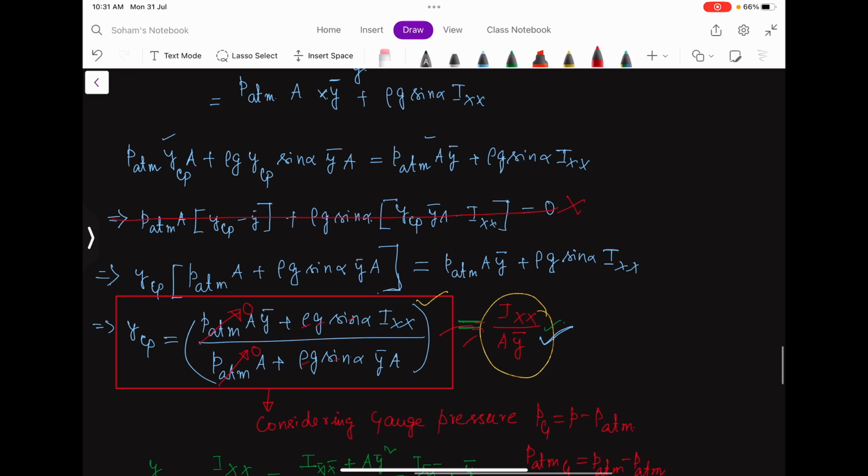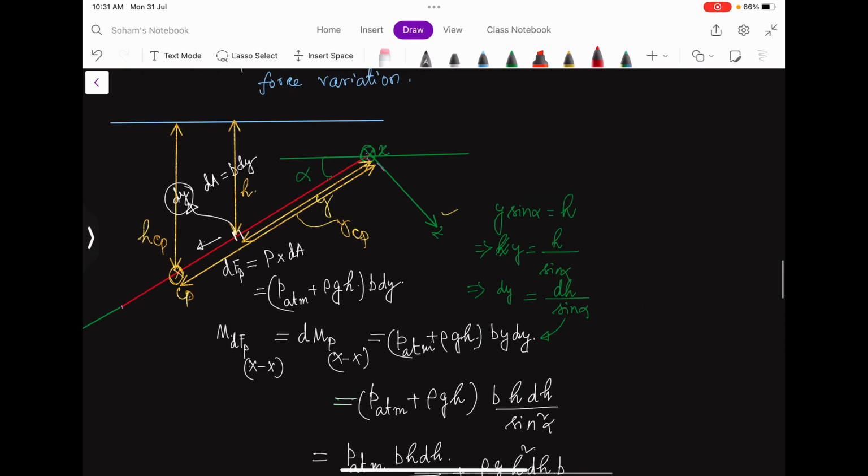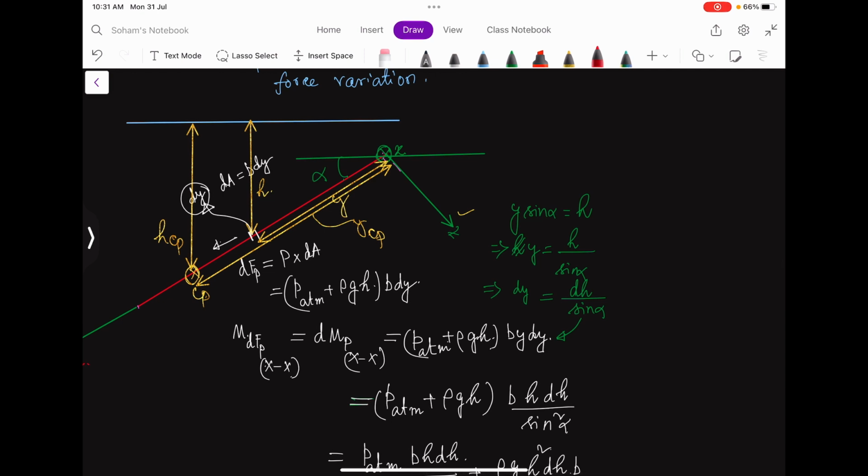And why am I writing that xcp? Because now if I again project, I will remove all those things.